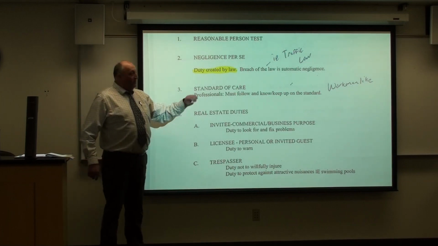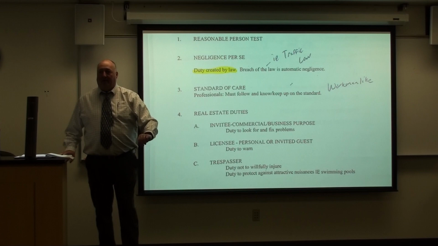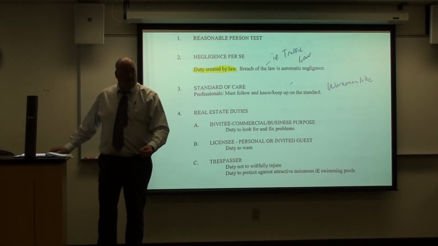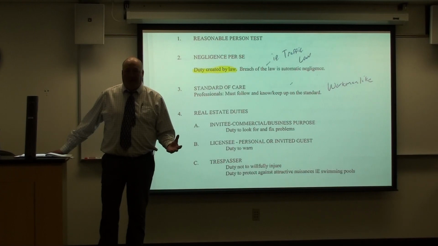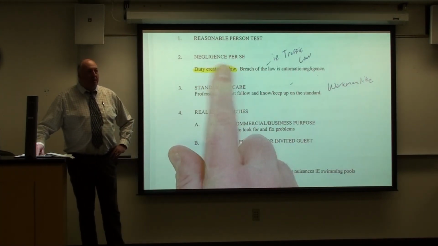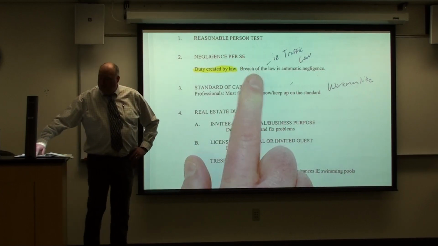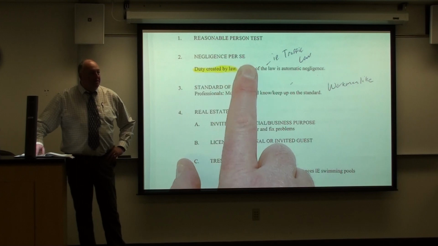And if you violate those rules, you have therefore also violated a duty if it leads to an injury, meaning you're basically automatically negligent. So the term we use to describe this is negligence per se. The term per se is Latin-based, which means in and of its own being, in and of itself.